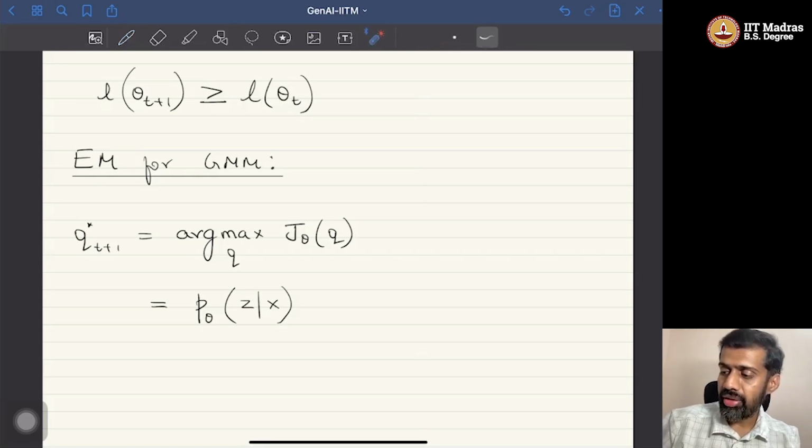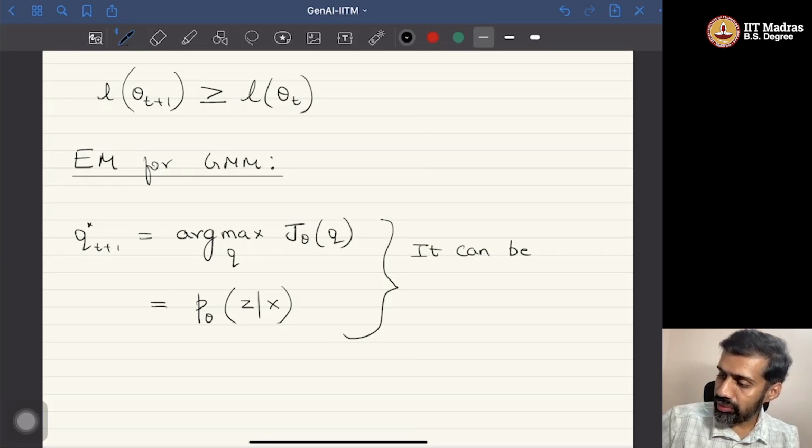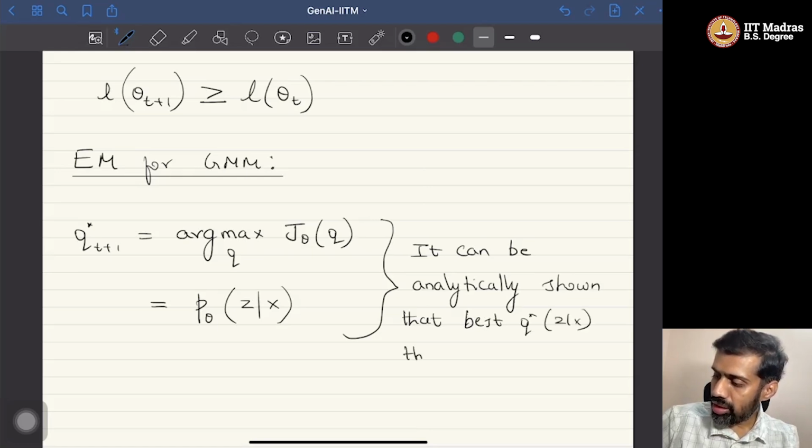One can show that if you want to maximize this evidence lower bound that we constructed with respect to q, it can be analytically shown that the best q of z given x that optimizes ELBO is simply p theta of z given x.